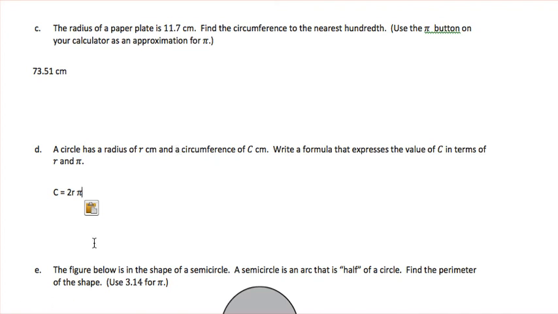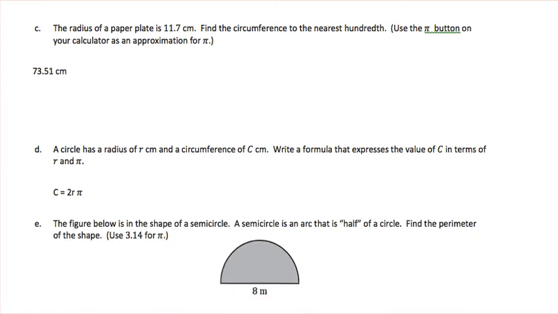And you may see it as 2 pi r as well. This is all multiplication, remember, so the order doesn't matter because multiplication is commutative.